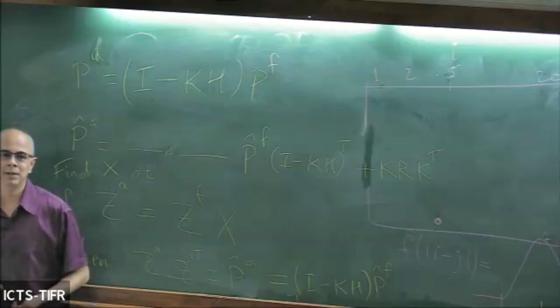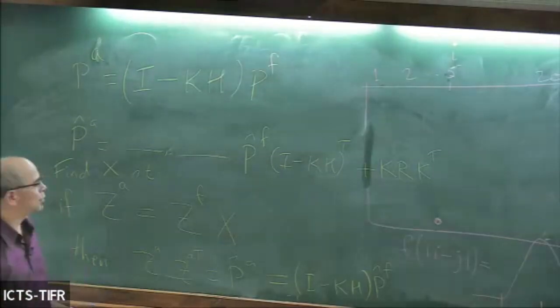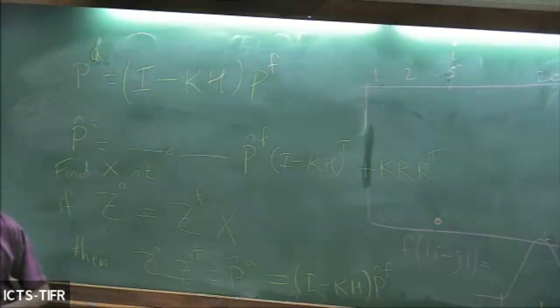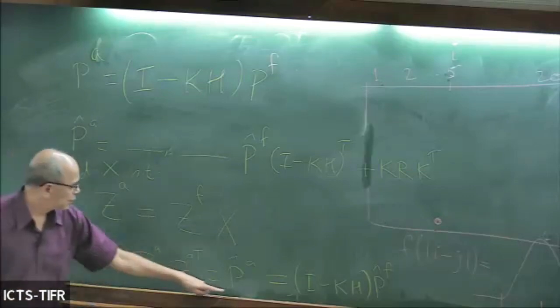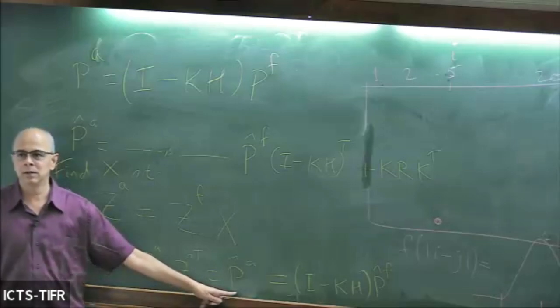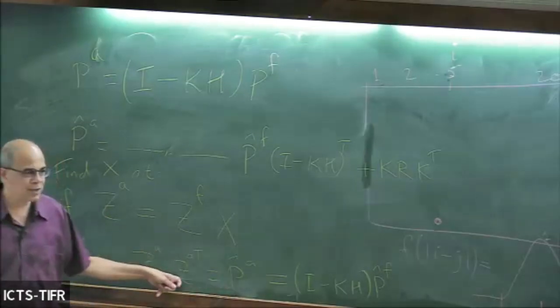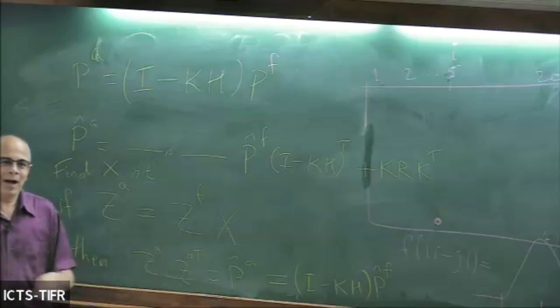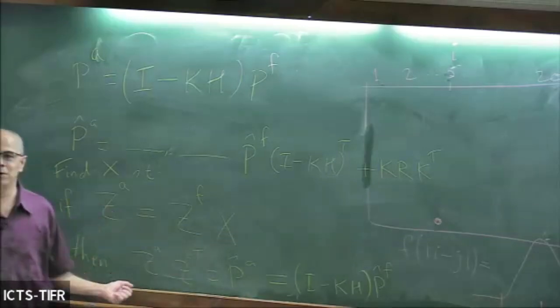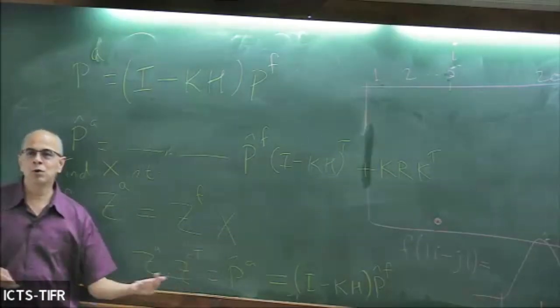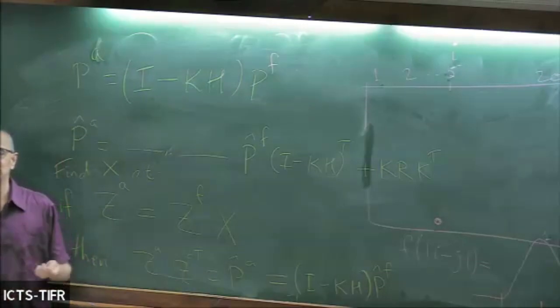That's the main goal behind what are called, in general, square root filters. Why square roots? Look at this equation. This is a covariance matrix. This is Z times Z transpose. That is what is called a matrix square root. For a matrix, you can't just take a square root. That doesn't make sense.